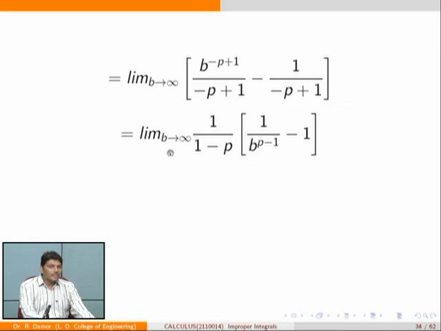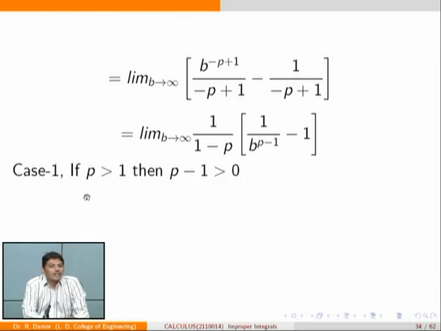Now what is the value of this? First case, suppose I take p greater than 1. If p is greater than 1, then p minus 1 must be a positive term, so it is 1 upon b to the power some positive power. You know that as b tends to infinity, 1 upon b goes to 0, and with a positive power it also tends to 0.